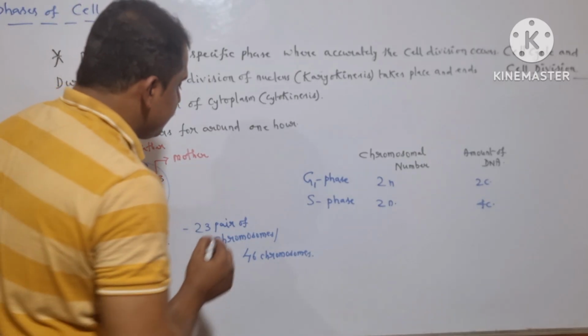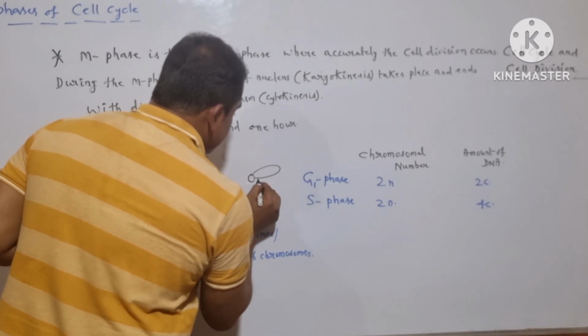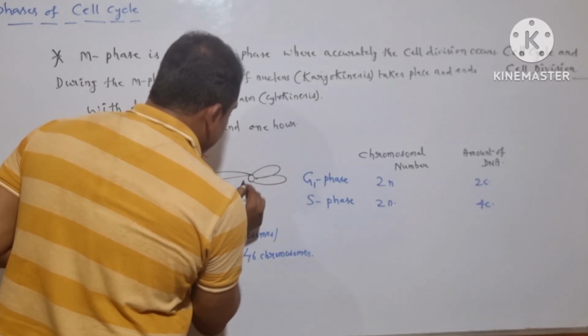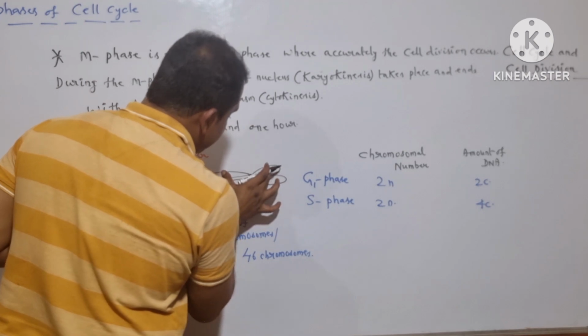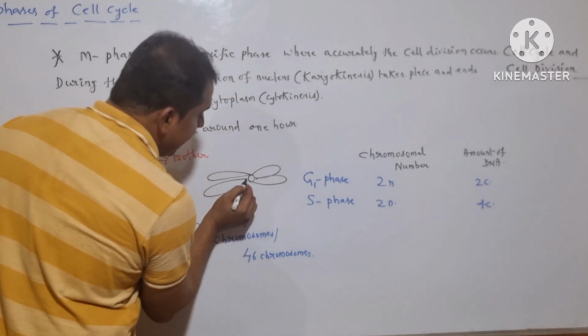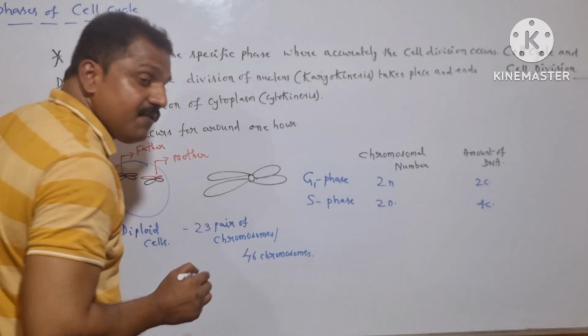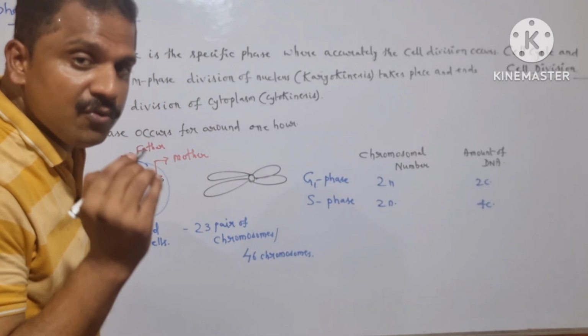Is it clear? So let us assume it is a chromosome here. So here it is one chromosome and it is the other chromosome. Both the chromosomes are aligned by taking advantage of one single centromere. So that is why we cannot consider it as two chromosomes.